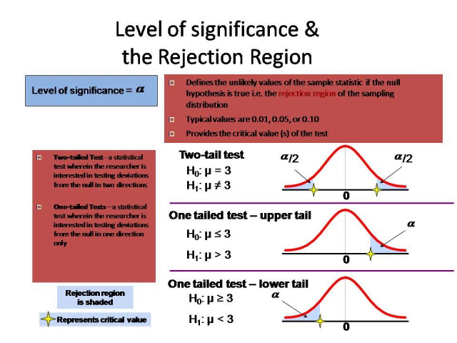It doesn't get split across the two. Because let's look at this one as an example. If your null is that the mean is less than or equal to 3, that's your status quo, and you're testing to see if the mean is now greater than 3, the only way you're going to reject the null is if your sample mean is high enough to support that alternative.